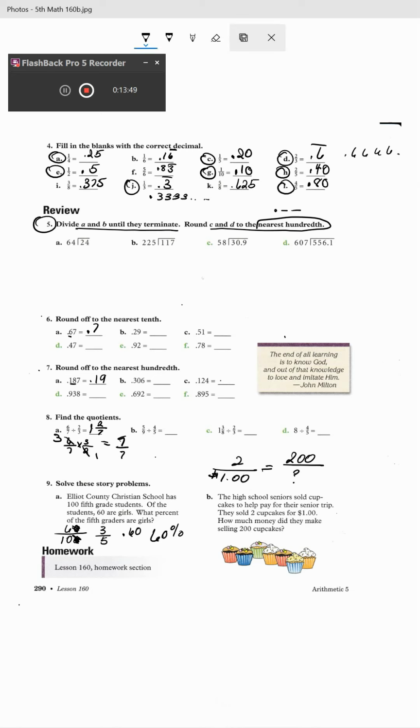So the question mark is what I don't know. But if you see, I have the 2 top numbers, and I can ask myself, what did I multiply the 2 by to get 200? 100, right? So multiply $1 by 100.